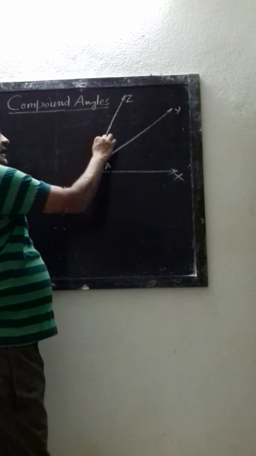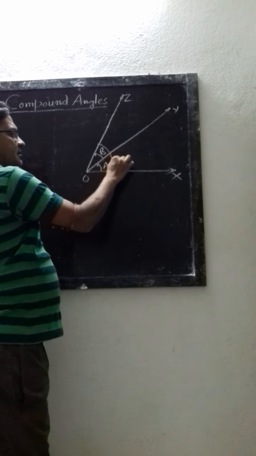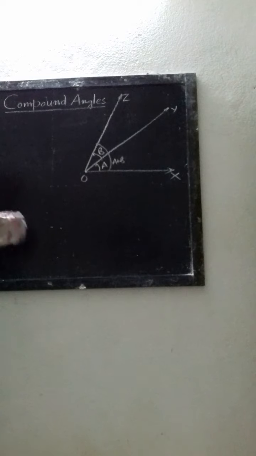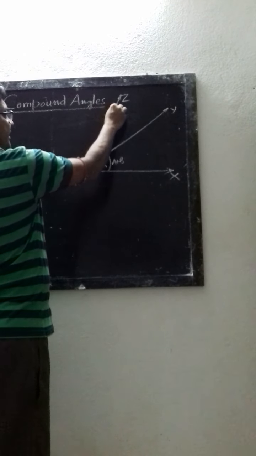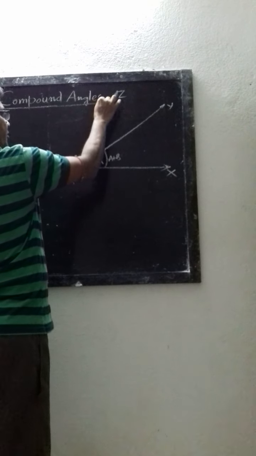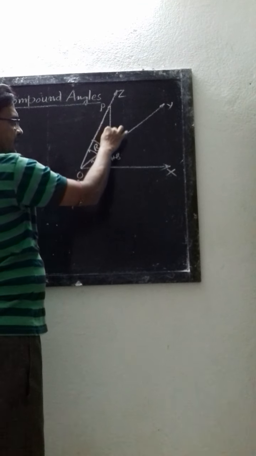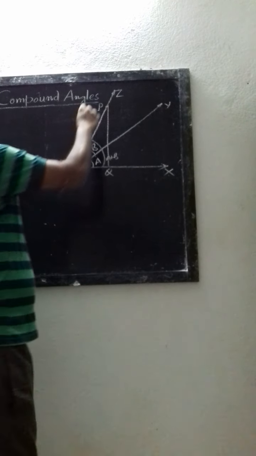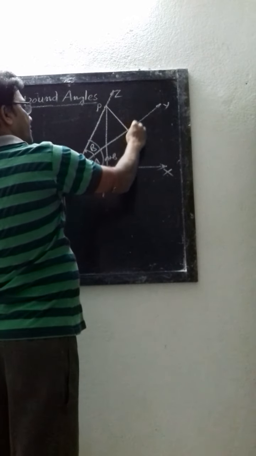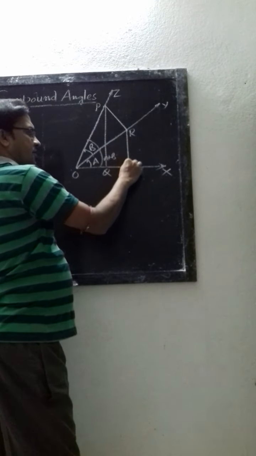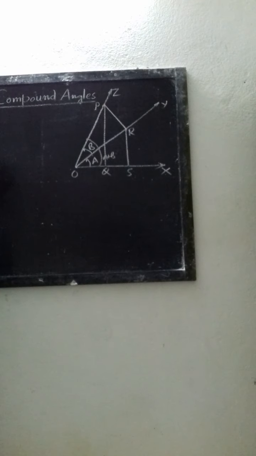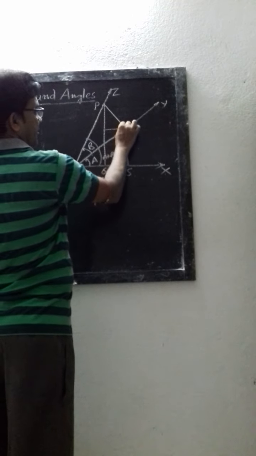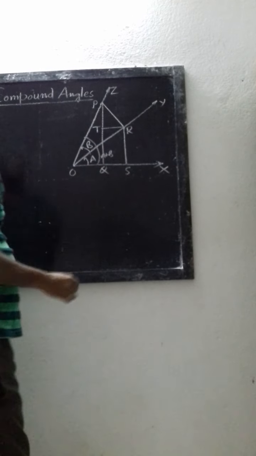Then angle XOZ equals A plus B. Now let P be a point on OZ. PQ is drawn perpendicular to OX. PR is drawn perpendicular to OY. RS is drawn perpendicular to OX, and RT is drawn perpendicular to PQ.